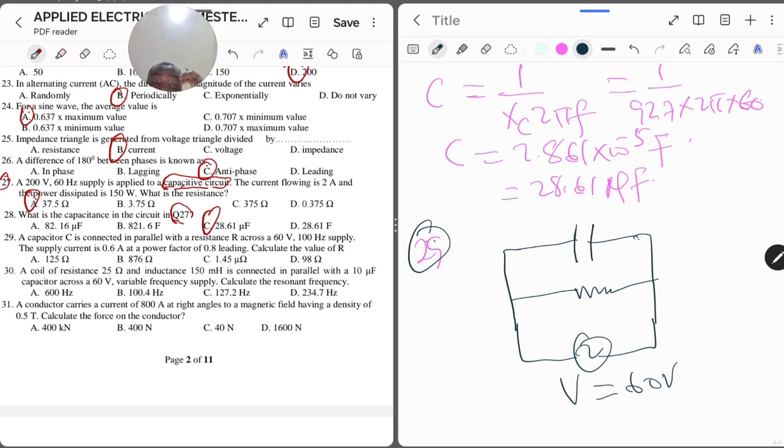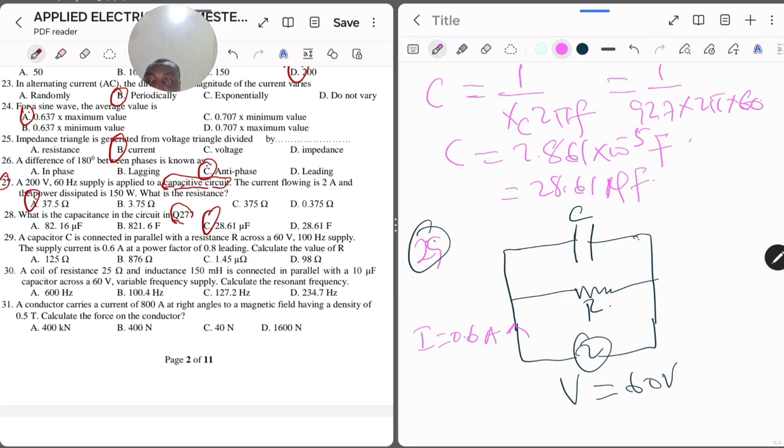So here is the capacitor and here is the resistor. So a 60 volt, 100 hertz supply. Okay, that's the frequency. The supply current is 0.6 amps. So here 0.6 and here 0.6. That's the current supply, I here is 0.6 amps.